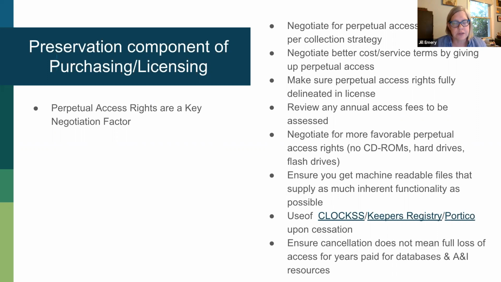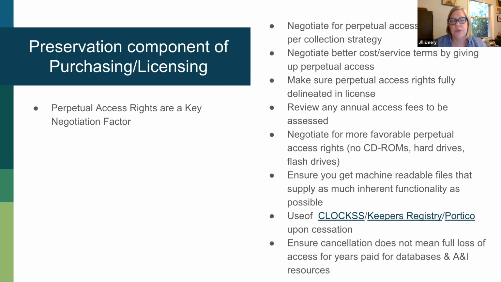You want to make sure that it's definitely fully delineated in the license and to what extent it's delineated. You want it to be for your favorable perpetual access rights and not be that you're going to get a CD-ROM or a hard drive or a flash drive, which Sunshine is going to talk about further in her presentation.